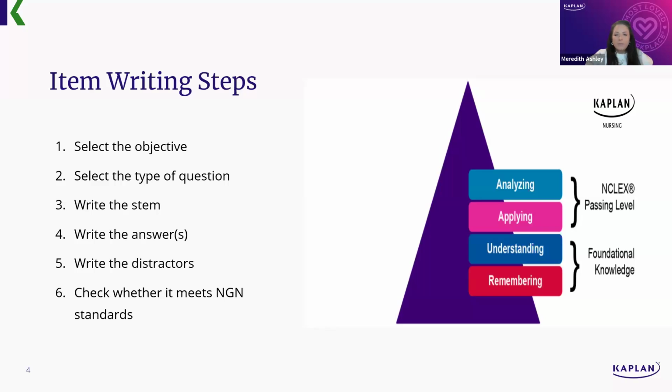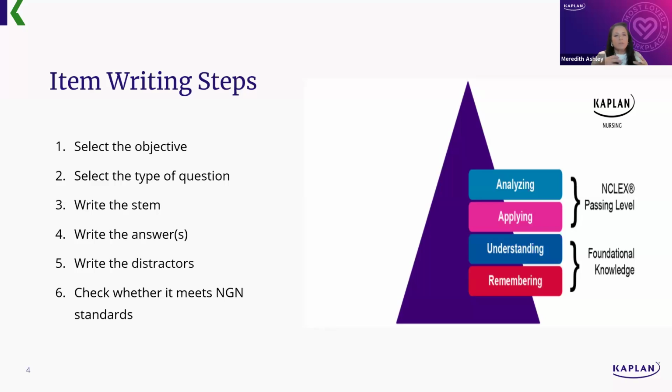And then we also want to check and make sure it meets the new NCLEX standards. Can the student recognize the clinical cues? Can they identify the most important information in this question? Can they synthesize the important information to determine what the client needs?